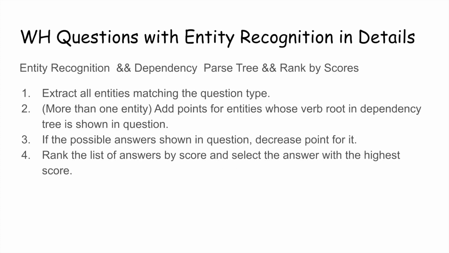For each candidate answer, we first score them by evaluating how close its type is to the expected type. Then we reward those candidates whose verb root is shown in the question. We also introduce a penalty term for those candidates which appear in the question themselves. If there are still candidates with the same score, we break the tie by evaluating how far they are from the matched snippet.